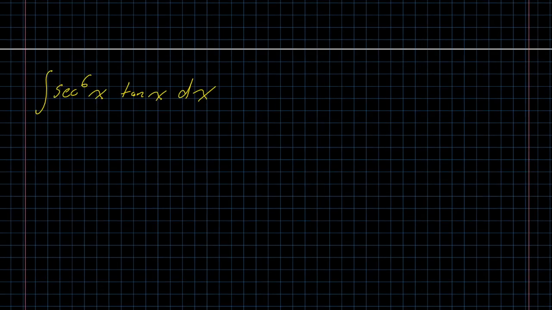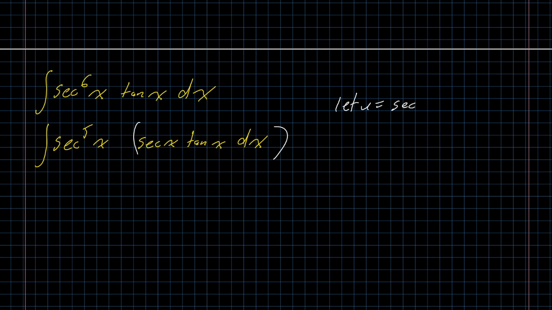Another example here, if I look at secant to the sixth of x times tangent of x dx, well, in this case, I notice that odd power of tangent. So my immediate thought in this case is, well, what if I rearrange this as secant to the fifth of x times secant x tangent x dx? And by arranging it this way, I'm hoping that I can let u equals secant of x, in which case du is secant x tangent x dx.